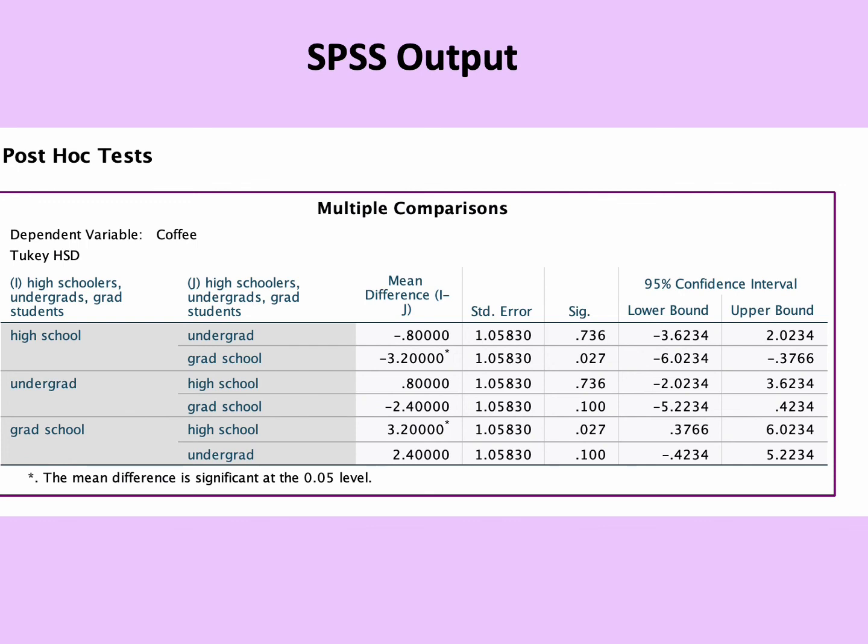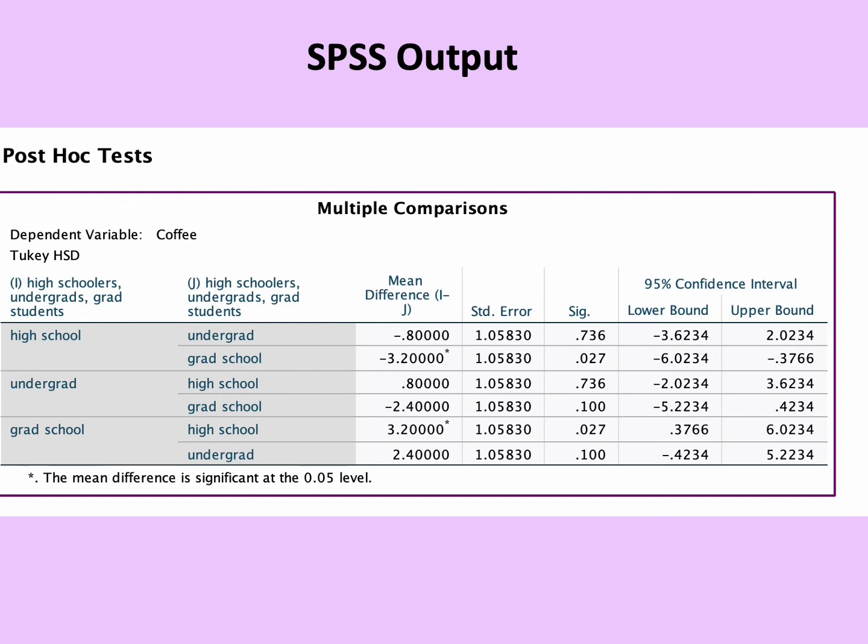So this table is a little bit tricky to read, but I'm going to walk you through it. Basically, we have two columns. In that first column, we have high school students, and we are comparing high school students to undergrads, and then beneath that, we're comparing high school students to grad school students.